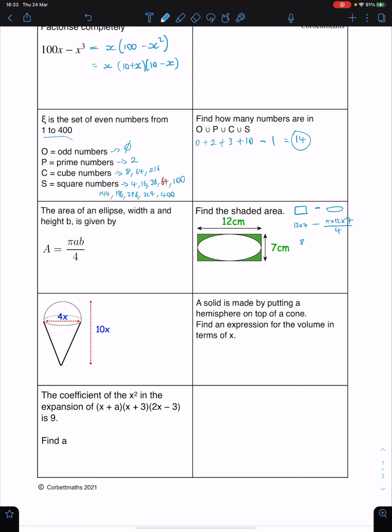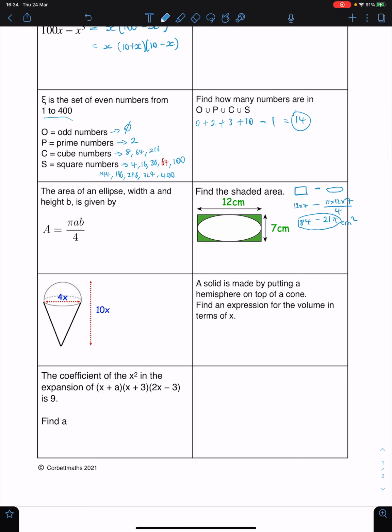That's going to be 84, take away 12 times 7, all divided by 4. That's going to be 21 pi. So the shaded area is 84 minus 21 pi centimeters squared. I think that's good enough as an answer.